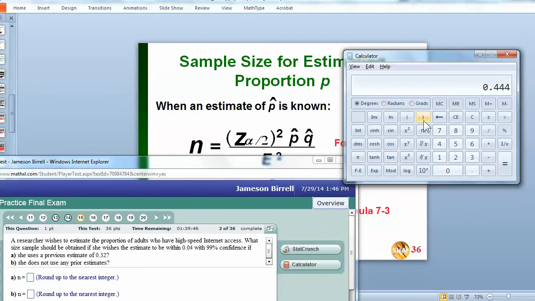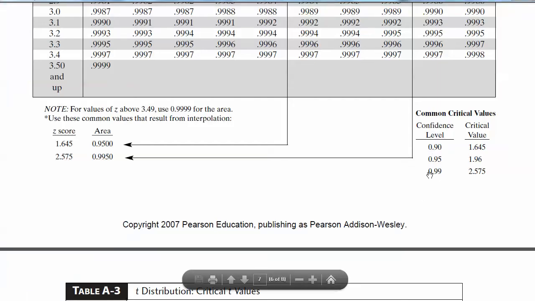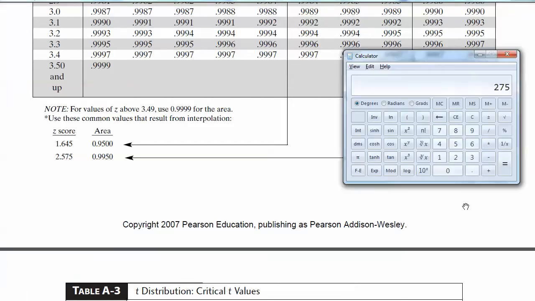Right, so n, our minimum sample size, is going to be found by taking 2.575. Remember where I got that. It's from the 99% confidence level. The critical value is 2.575.